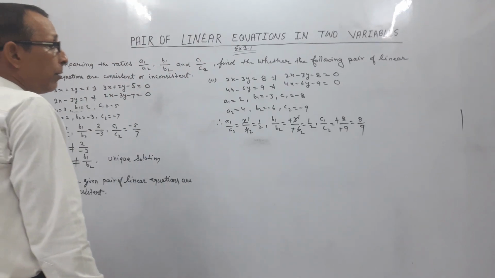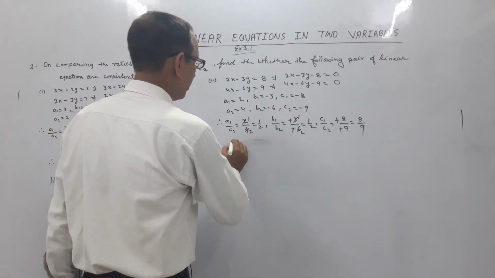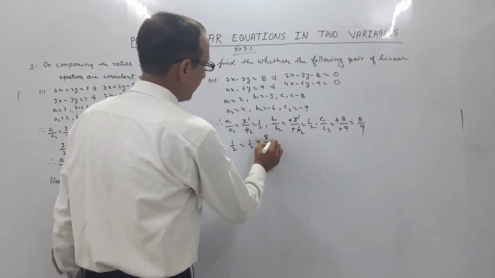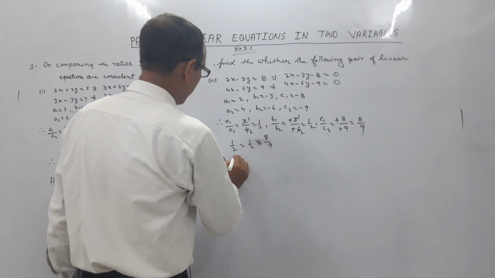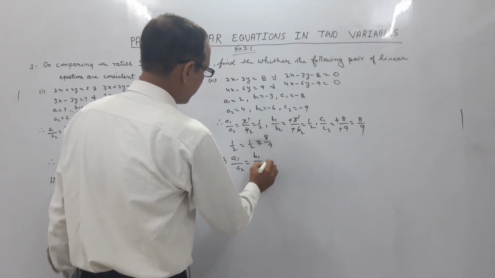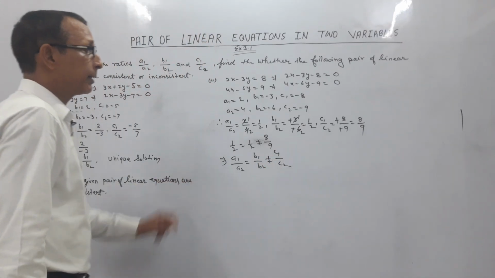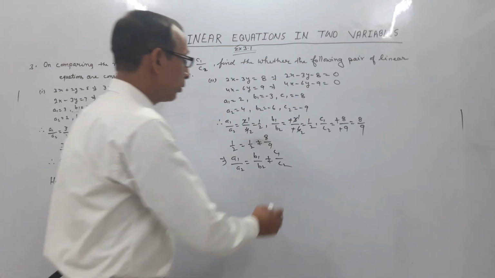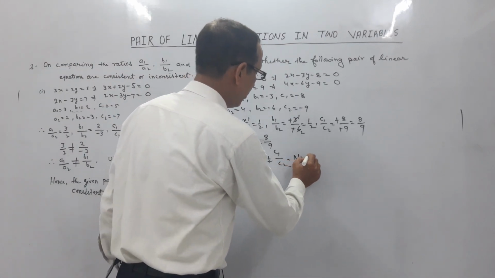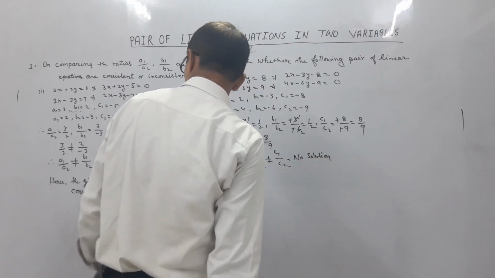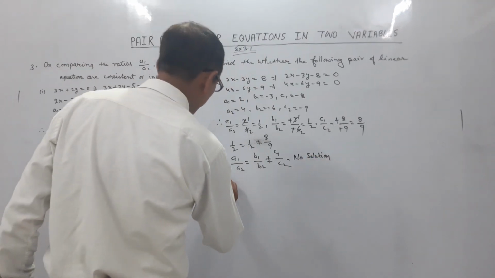Okay. So now it is clear that 1 by 2 equal to 1 by 2 does not equal to 8 by 9. So then implies A1 by A2 equal to B1 by B2 does not equal to C1 by C2. So now this is the example of no solution. Okay, so no solution.